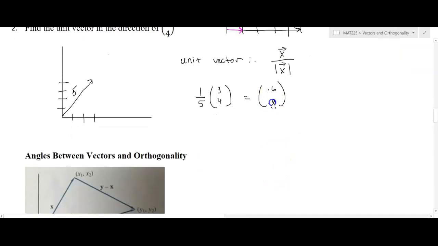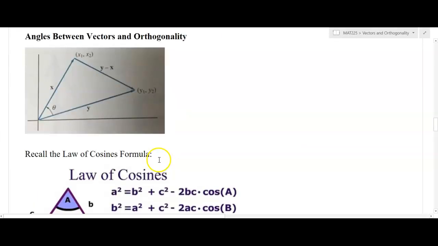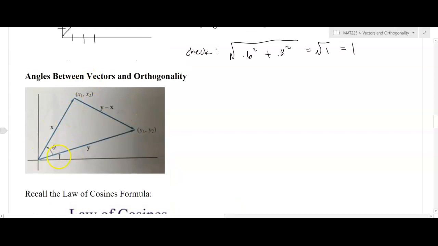And just as a check to make sure that this works, we can take the length of that vector, so the square root of 0.6 squared plus 0.8 squared, is going to be 0.36 plus 0.64, which is the square root of 1, which is 1. So we've just figured out how to compute the unit vector. Now another thing that we often want to be able to do is to get the angle between two vectors. That's going to become a useful tool.